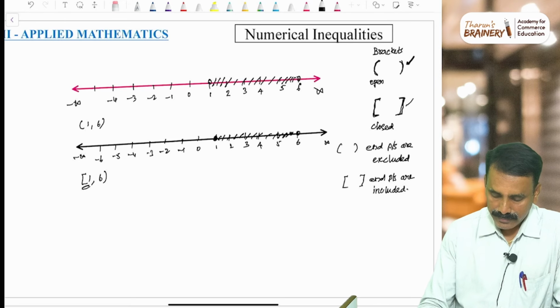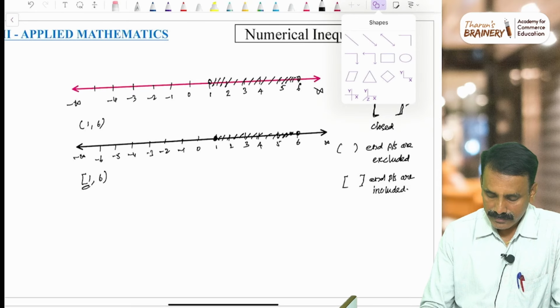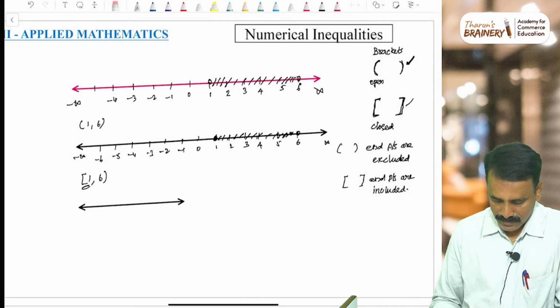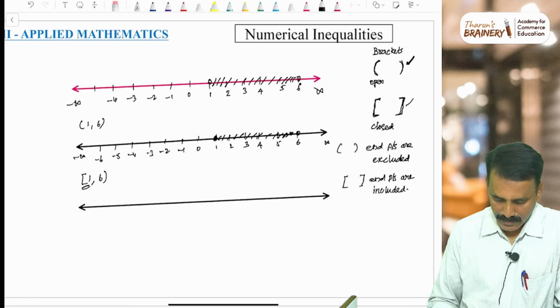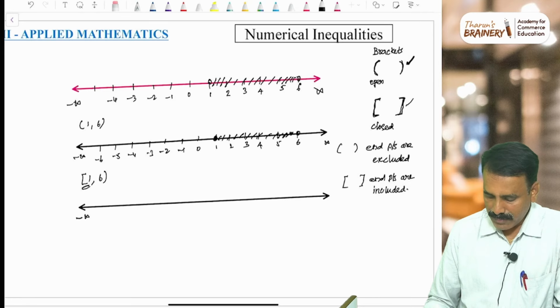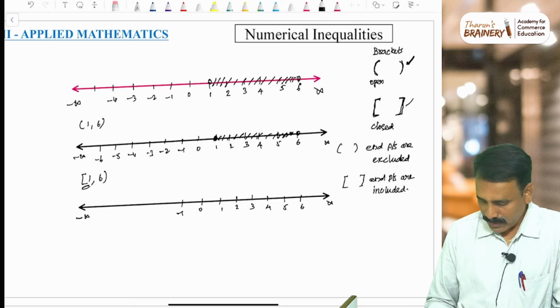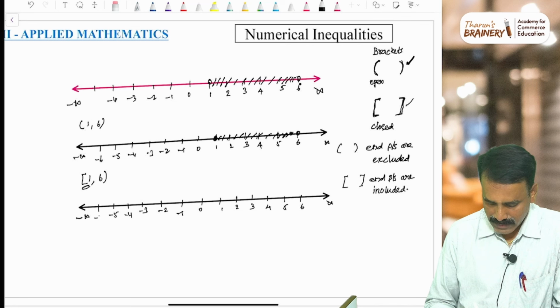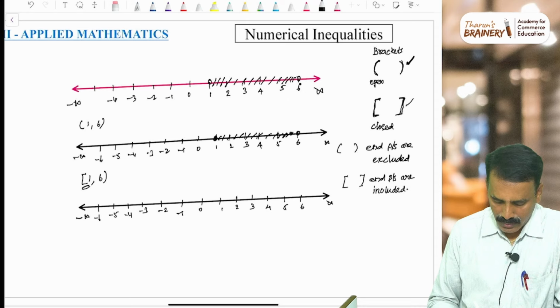Next one, minus infinity plus infinity with 0, 1, 2, 3, 4, 5, 6, minus 1, minus 2, minus 3, minus 4, minus 5, minus 6. Okay. Now what I am going to do?